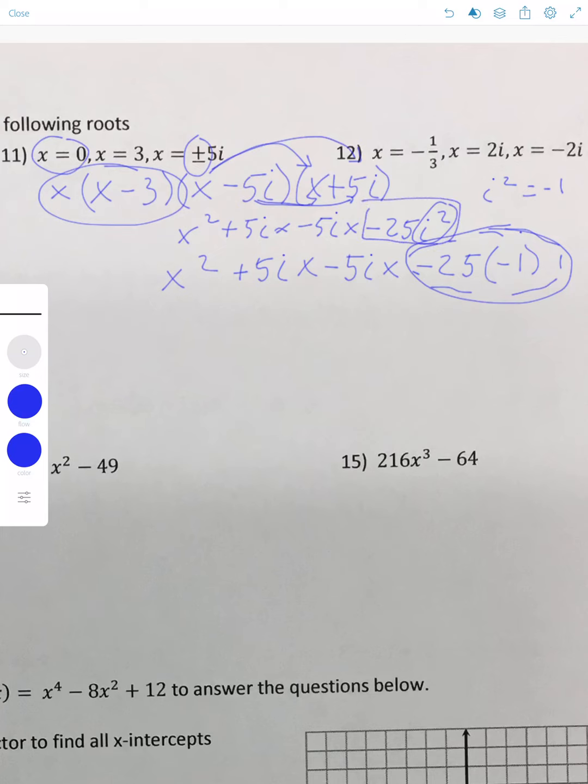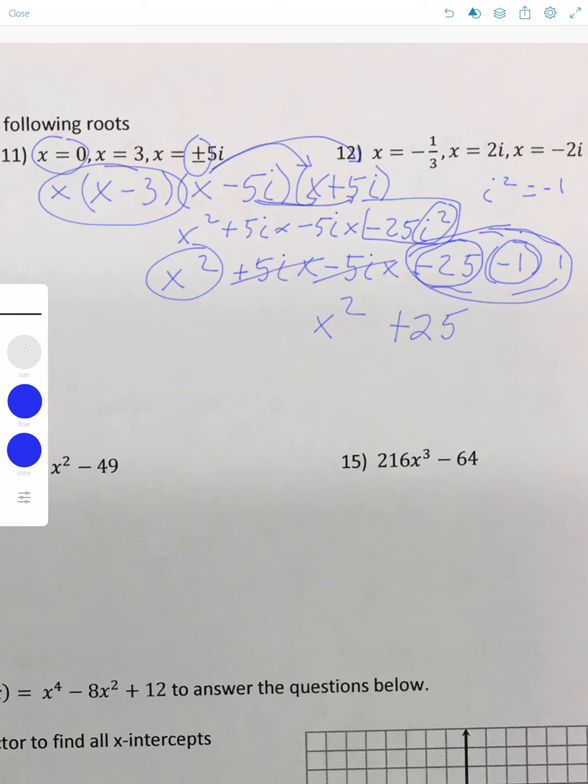Isn't that all it does? And you're absolutely right. This minus 25i squared just becomes positive 25. But the reason it becomes positive 25 is because you have this negative 25 times a negative 1, which gives you that positive 25. When you do this right, you get a positive 5ix canceling out with a negative 5ix. So the only thing you have left over is the x squared plus this 25.